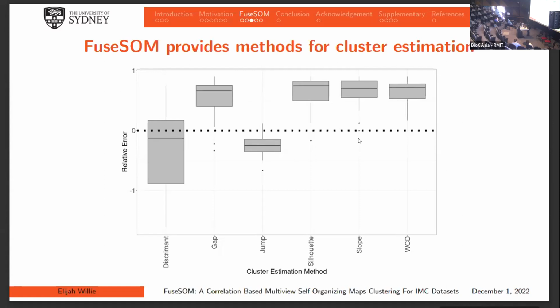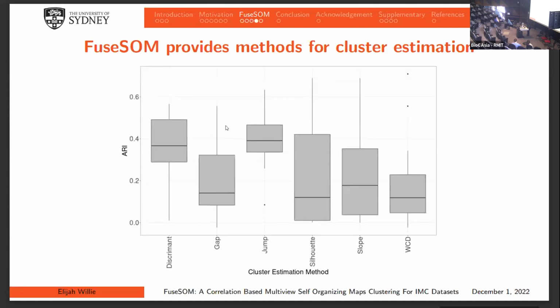We can see that the jump and the discriminant methods are the ones that have the best performance. But this is just a suggestion. You can overcluster, undercluster, and do whatever you like. And just to follow up with that, if you do decide to go with those automated methods, the performance is not so bad across the data sets.